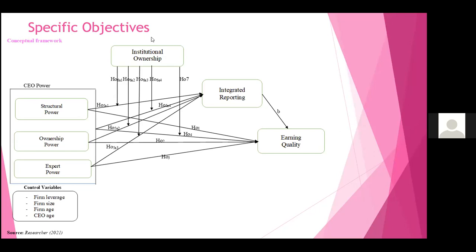Then maybe the other theory you could look at, I don't know if it's appropriate for your study, is the managerial hegemony theory, which posits that whereas everyone thinks the board controls the CEO, there are situations where the CEO actually controls the board indirectly. So you could look at the managerial hegemony theory.